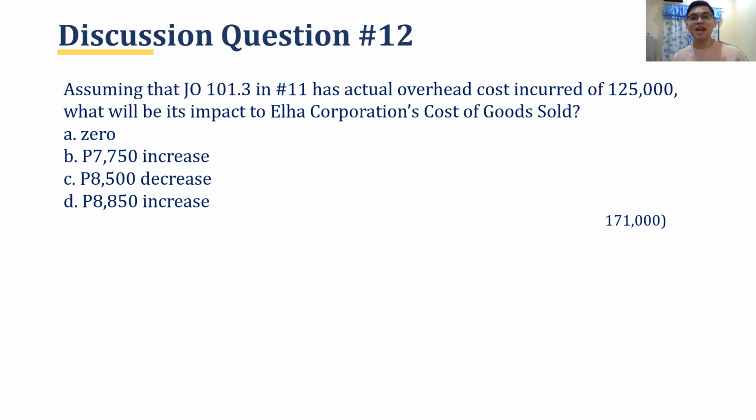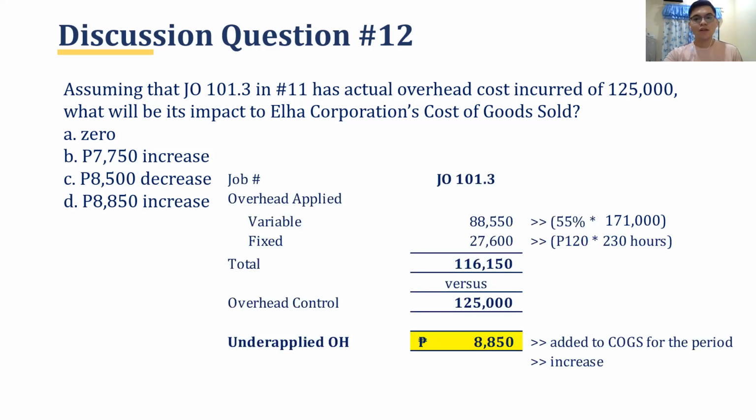But let's get to check 101.3 na job order. Ito. Check natin yung overhead application niya. On variable part, actually pwede mo lang siyang kunin with number 11, but for discussion purposes, let me reiterate. Our direct labor is 161,000. Oops. Sorry, mali yung nalagay ko dito.